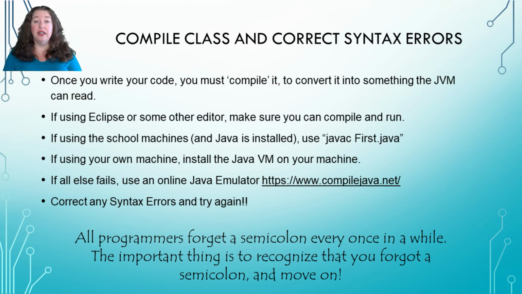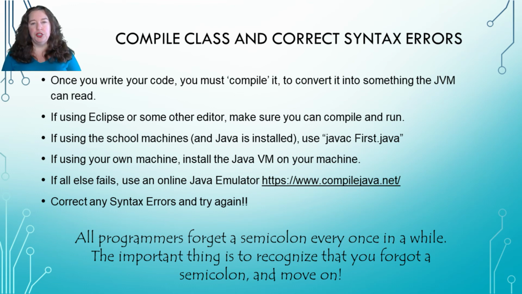If you are using Eclipse or some other editor, you might have to run it or compile it using the Java compiler function. Just like in a command line with a C prompt, you can type javac space and then the name of your class.java, so the file name, and it will compile it into a first.class file. Once you do that, you can run that file.